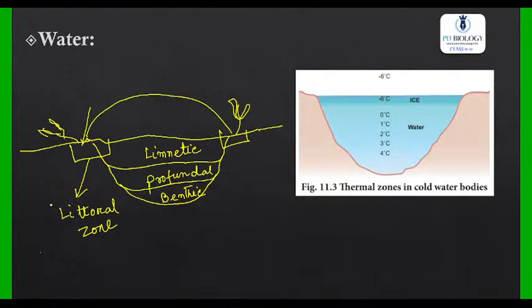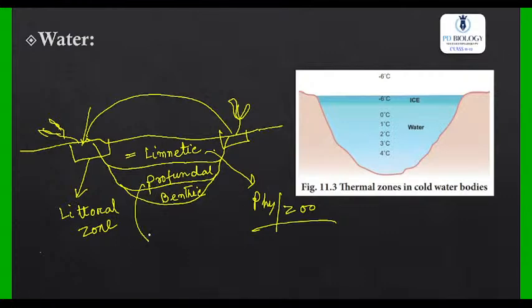Now the limnetic zone, this is the mid zone. This zone is very much associated with different bacteria, Pseudomonas, Chlorobacter, and with phytoplankton and zooplankton. Small fishes are also there.